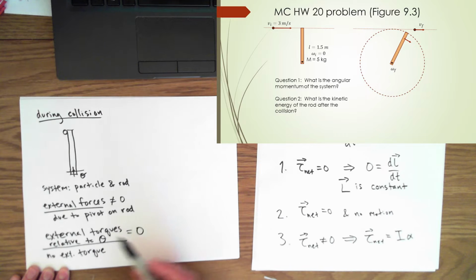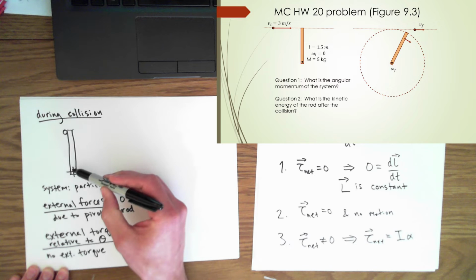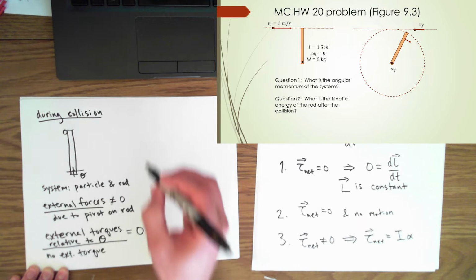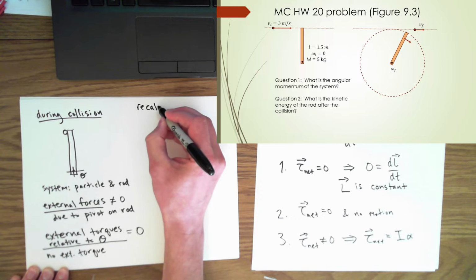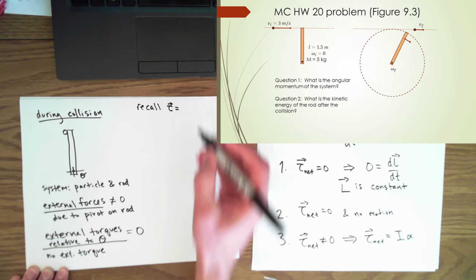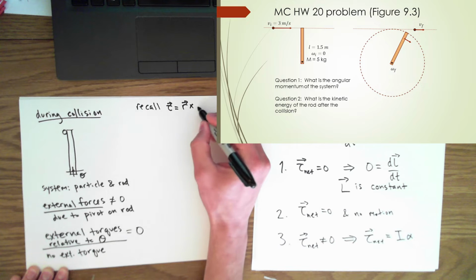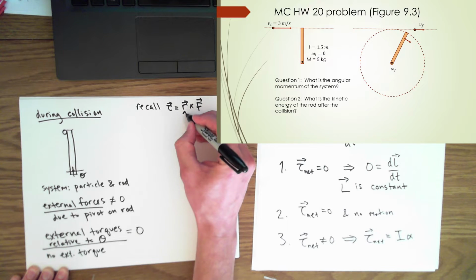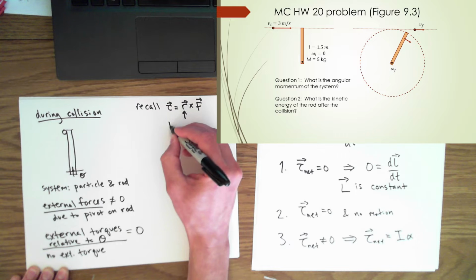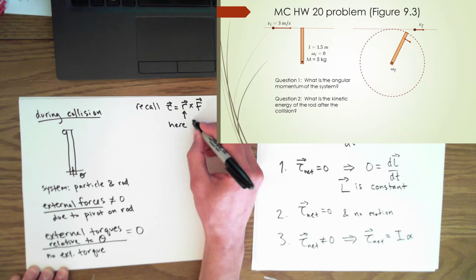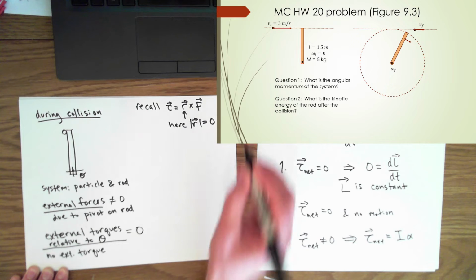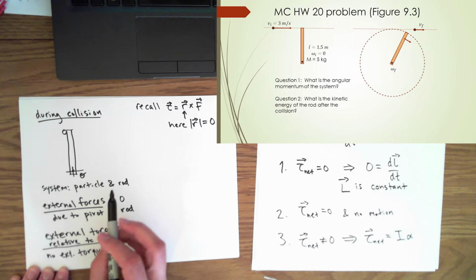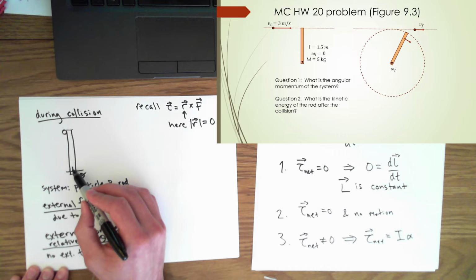And why is that, right? There are forces acting due to the pivot, but no torques. How can that be? Well, if your origin is right at the pivot, then recall that torque is equal to R cross F. So in this case, here in this problem, R has 0 magnitude. That is, the point at which the force is acting on the rod is right here at the pivot, and the origin is right here at the pivot.